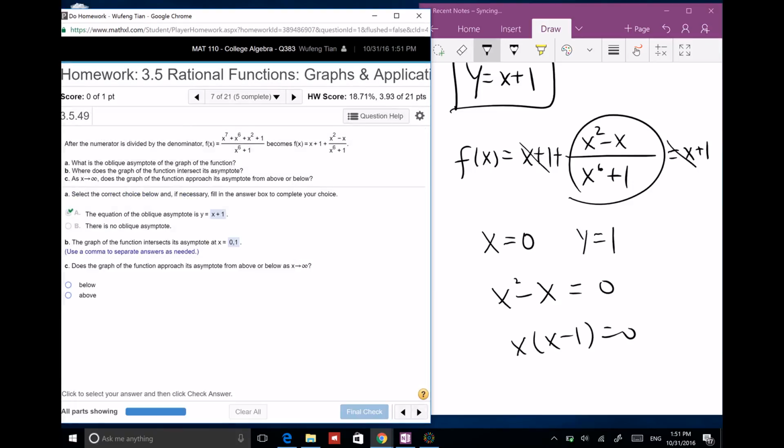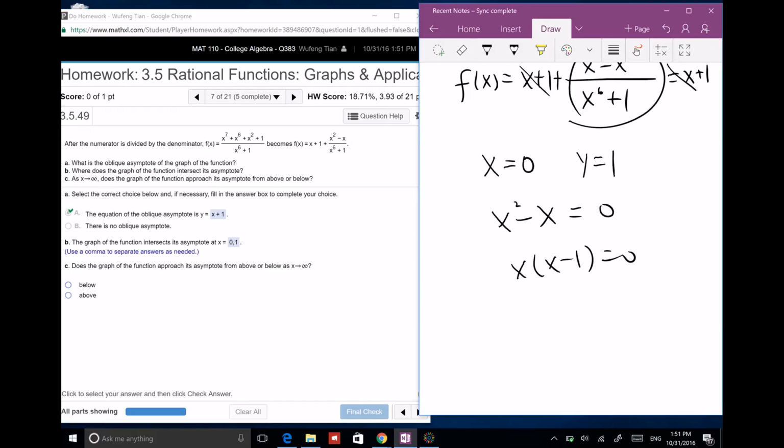Does the graph of the function approach its asymptote from above or below as x goes to infinity?